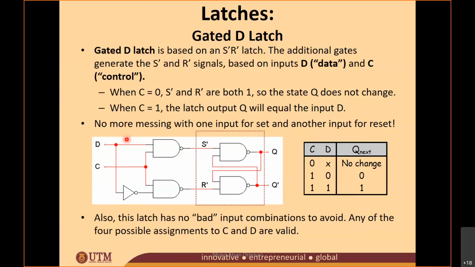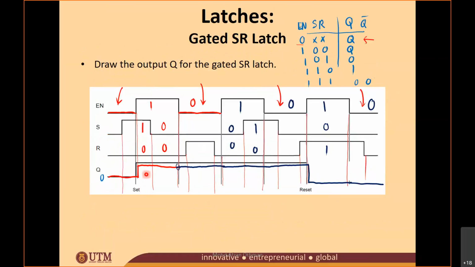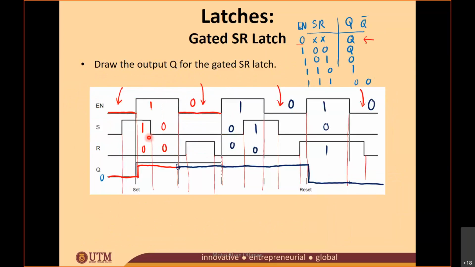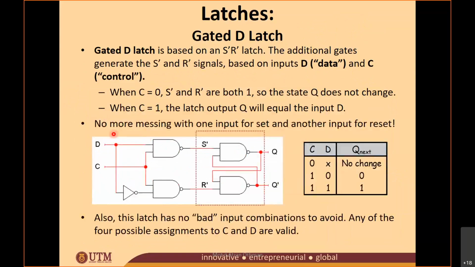Okay, so with a few modification, bila kamu tambah aja few modification kat sini, di mana previously, kalau previously kamu tengok kat sini, kamu ada S dengan R input. So now, what happens is, you combine this input S and R, make it as a D. So kamu akan dapat gated D latch.